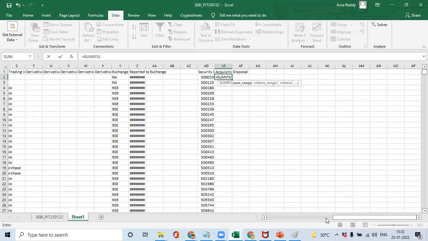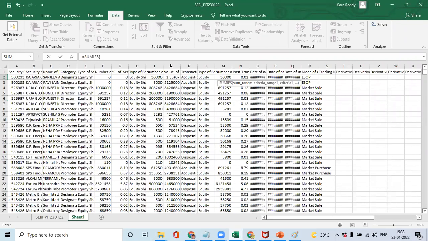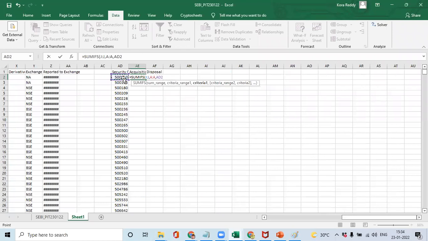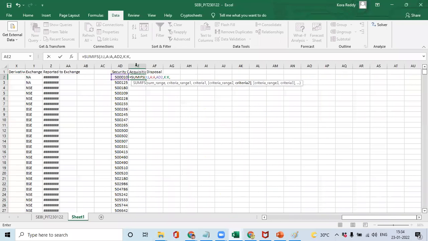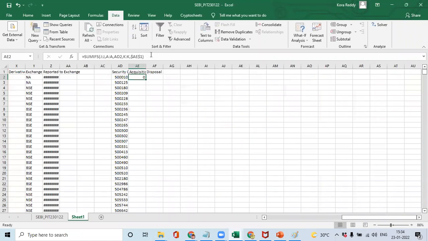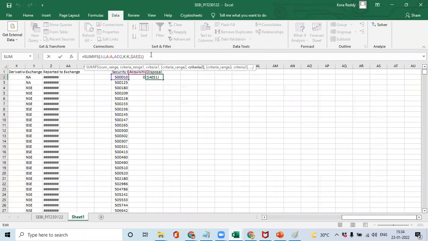Where is that amount? This is the value. Sum here. Criteria 1 is security equals my security, and the transaction type is acquisition. And I'm copying it, so I don't want it to move. I will copy the same thing and get it for disposal.